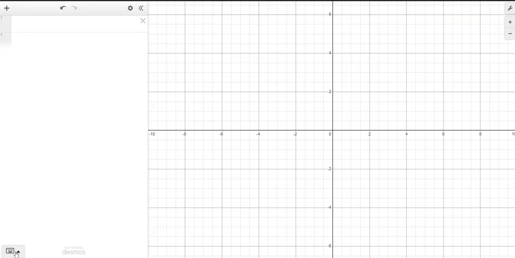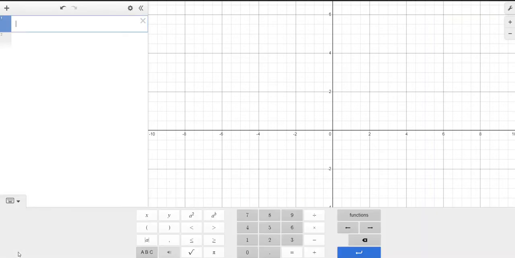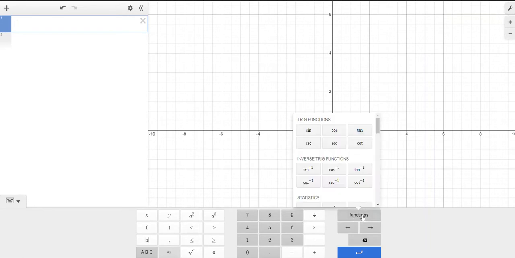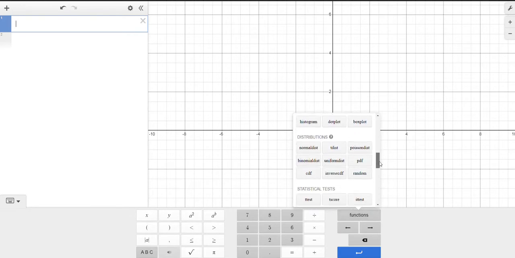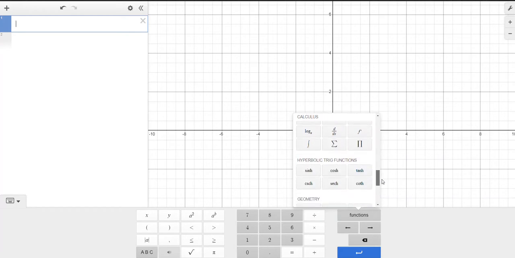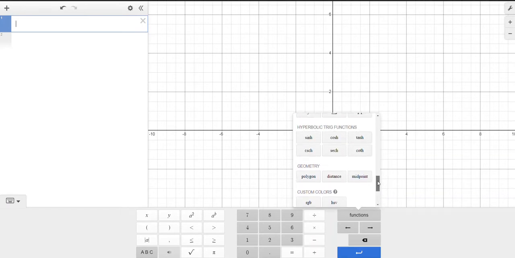So what you're going to want to do is down here in this little show keypad area, if you click on that and come on over here to the right, there's this button called Functions. If you look around just a little bit, we should find our log base.